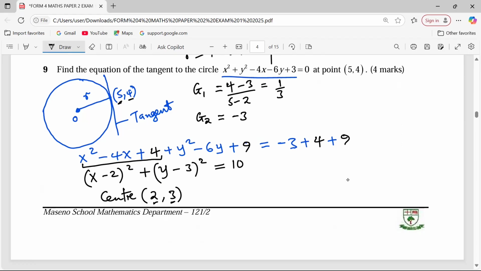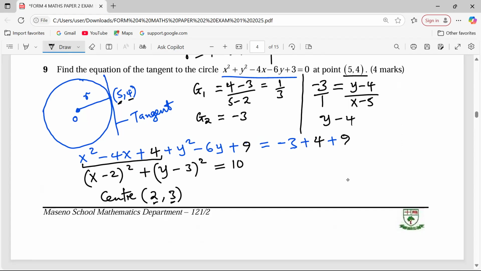So now with that knowledge, we can use -3 equals, for the tangent, change in y, which means y minus 4, divided by change in x, x minus 5. So now we can cross multiply to get the equation.